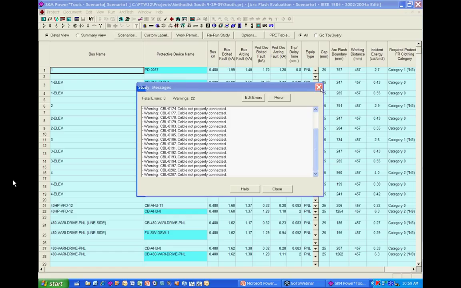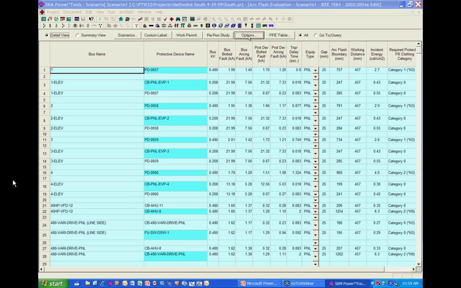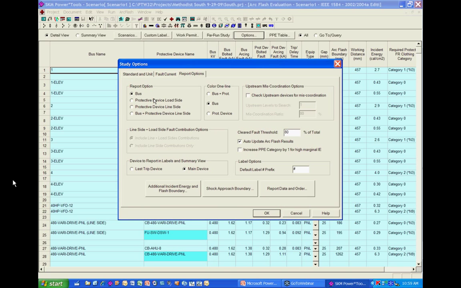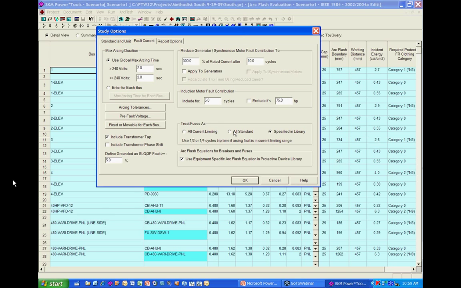Okay, let's say we're going to consider all standard fuses, not current limiting fuses, which we shouldn't, but anyhow. We're going to consider IEEE 1584, with voltages of less than 240, report calculations as 0.